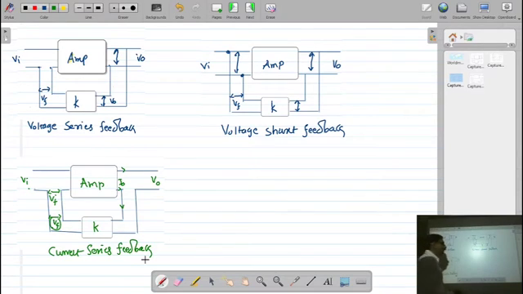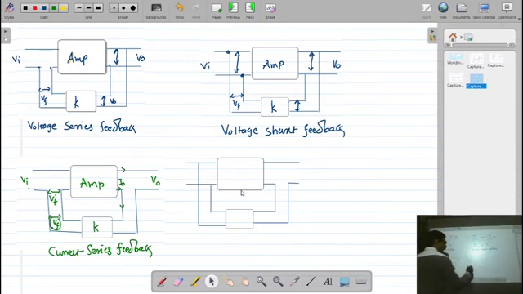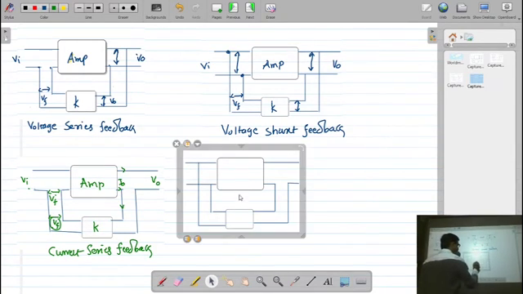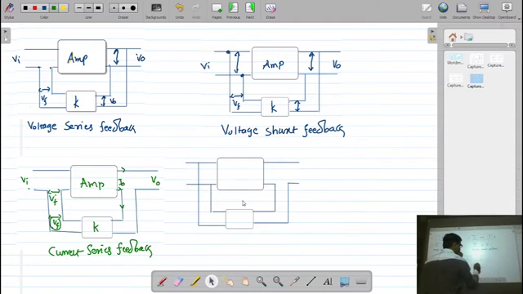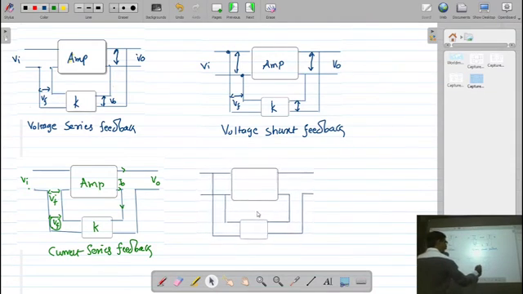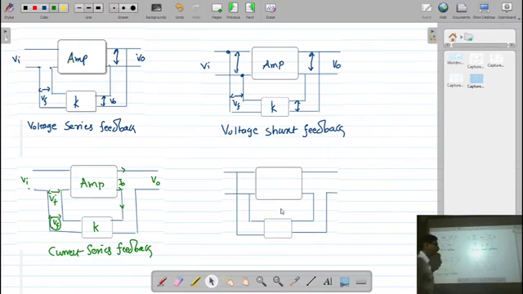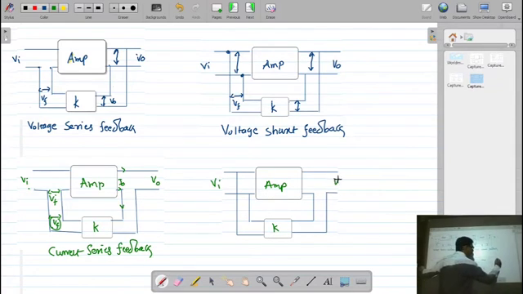And if you look at the fourth one, then again we can say that this is the amplifier circuit, this one is my feedback network, here we have an input voltage and output voltage, correct?